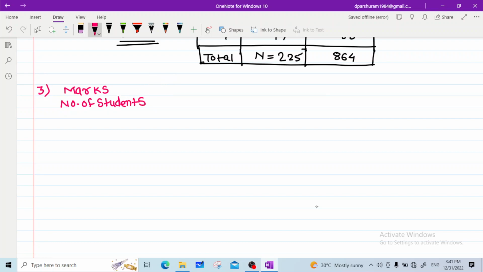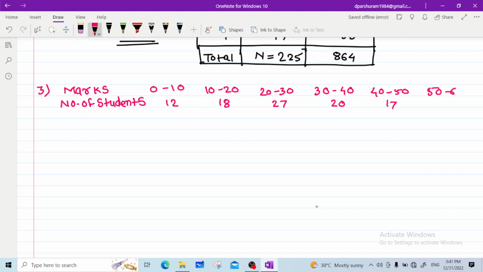For 0 to 10, the students are 12. 10 to 20, the students are 18. 20 to 30, the students are 27. For 30 to 40, 20. 40 to 50, 17, and for 50 to 60, there are 6 students.